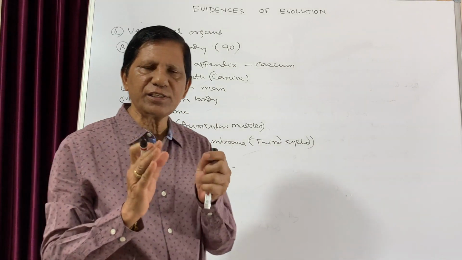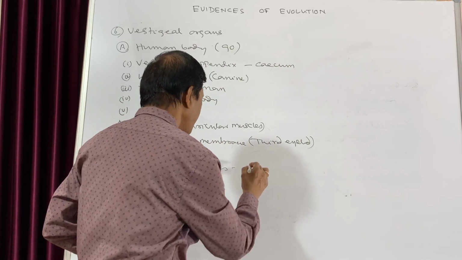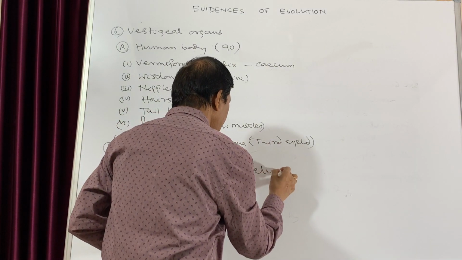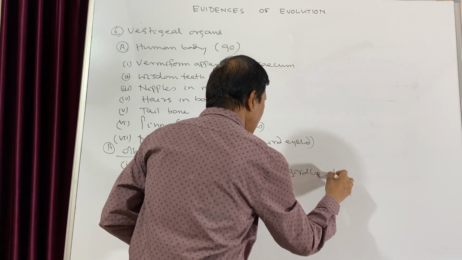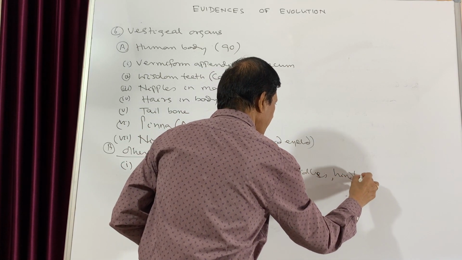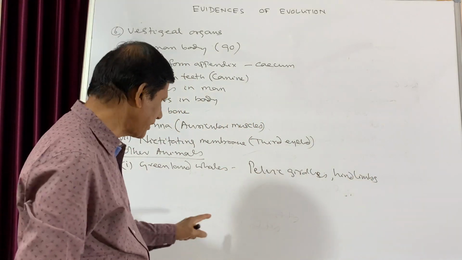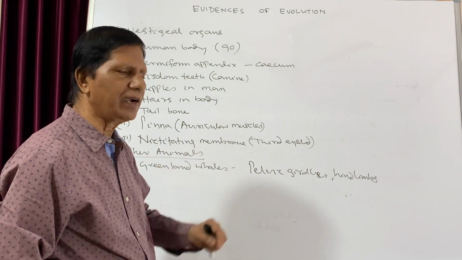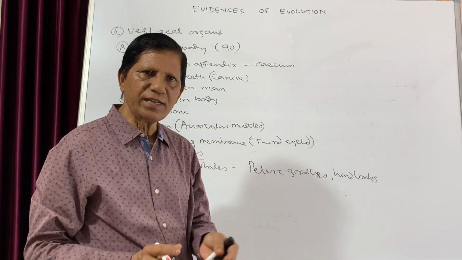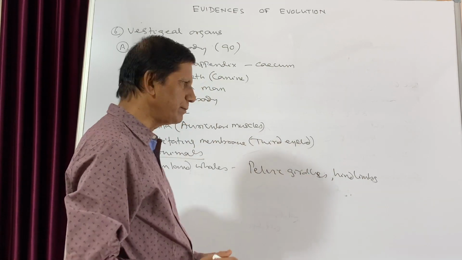Usually whales do not have pelvic girdles and hind limbs. But the Greenland whales have pelvic girdles and hind limbs. So it indicates they have evolved from organisms having pelvic girdles and hind limbs.